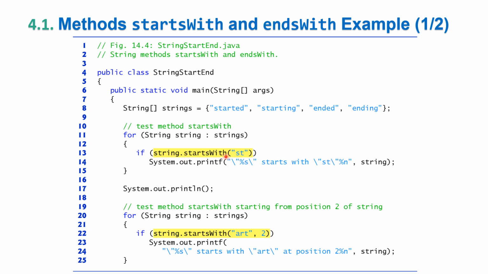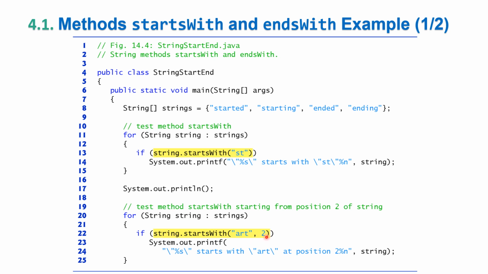This method call returns true if the string content starts with st. Next, the program has another enhanced for loop similar to the first one, except that the call to method startsWith takes 2 arguments instead of 1. The first argument is the string literal art, and the second argument is number 2.